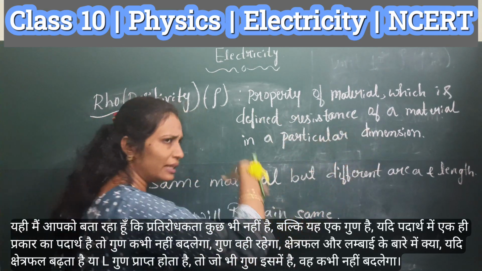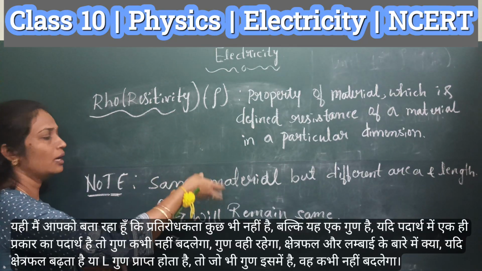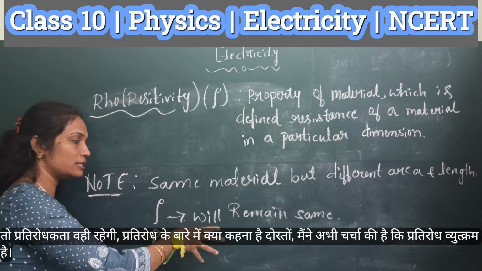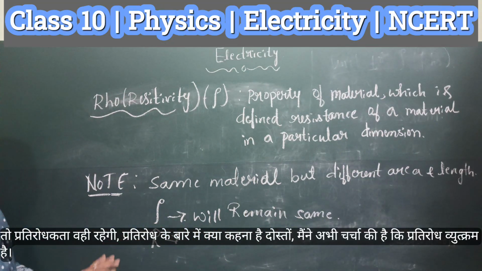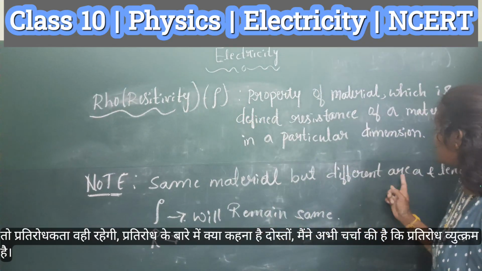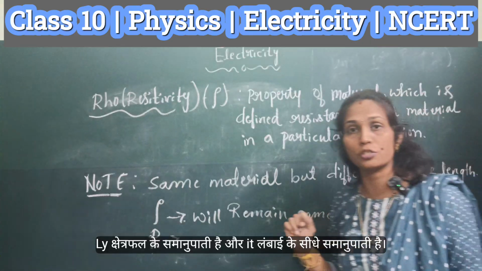What about the area and length? If the area increases or the length changes, the property of that material will never get changed. So resistivity will remain the same. What about the resistance, guys? I discussed just now that resistance is inversely proportional to the area and directly proportional to the length.